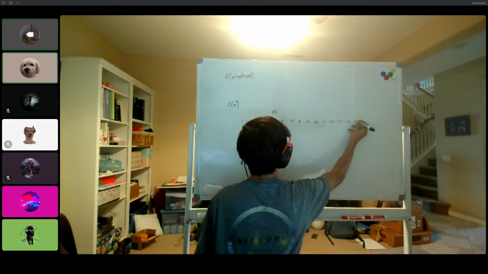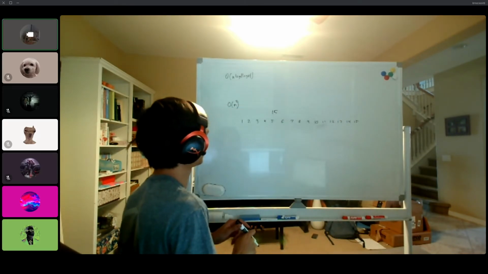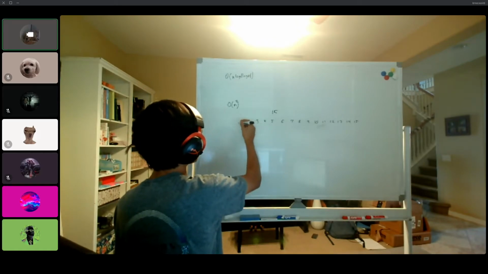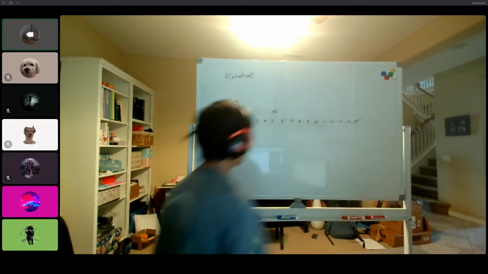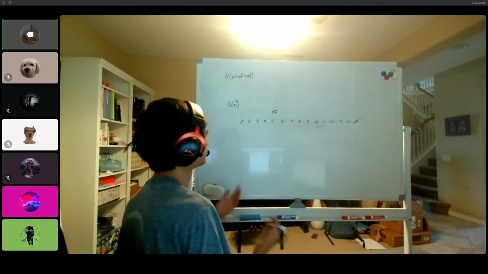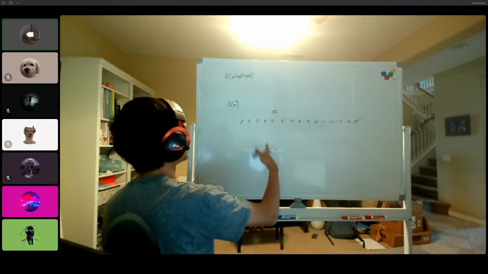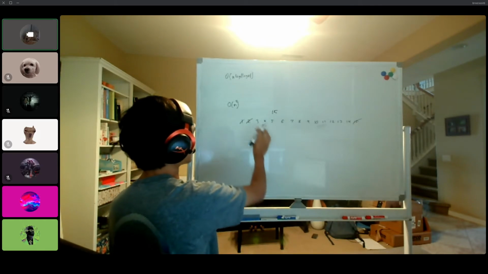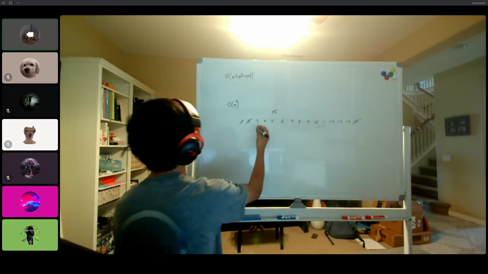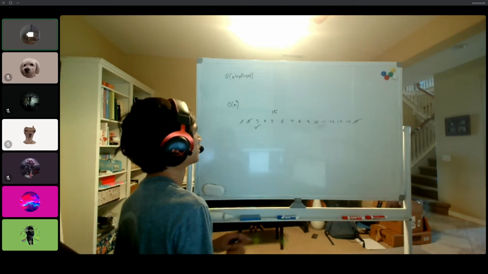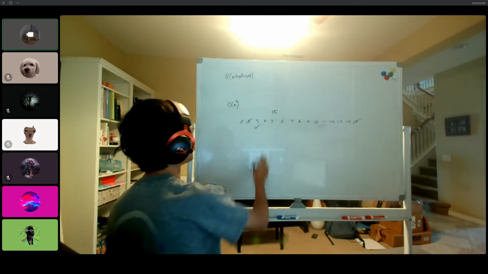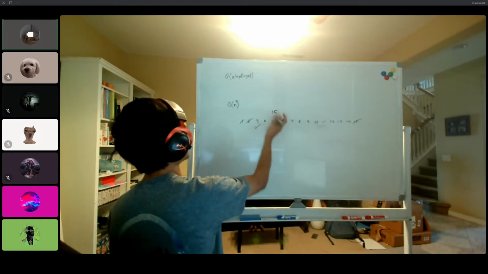We don't have to check 1, we don't have to check 15 because by definition every number is divisible by those. So now let's check if 2 divides 15. It doesn't, so we're good. Let's check if 3 divides 15. It does. So by now we know the number's not prime. But if we go ahead and continue and check if 4 divides 15, it doesn't.